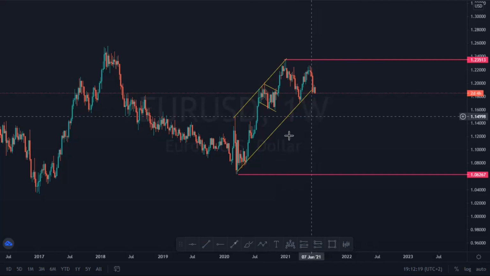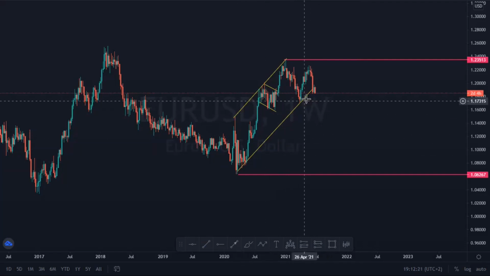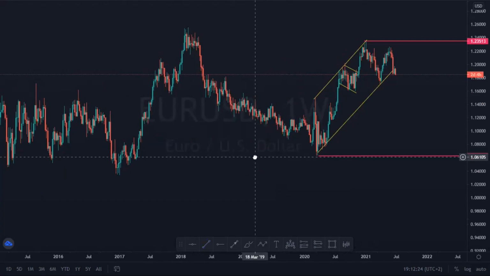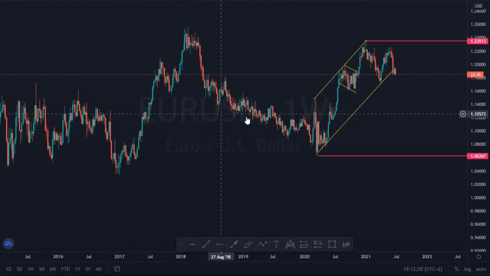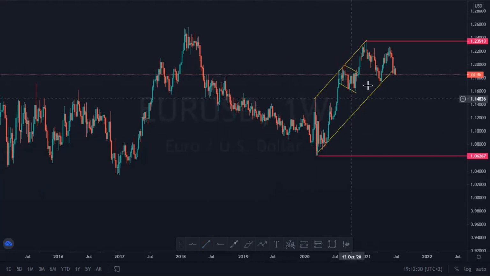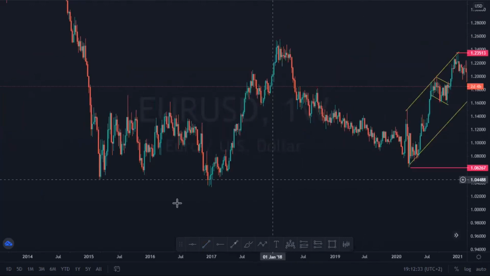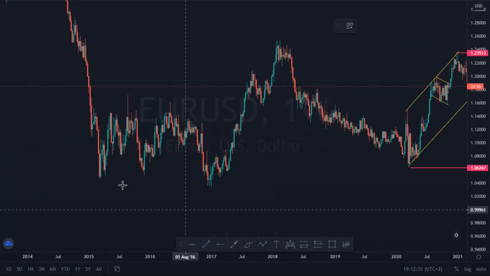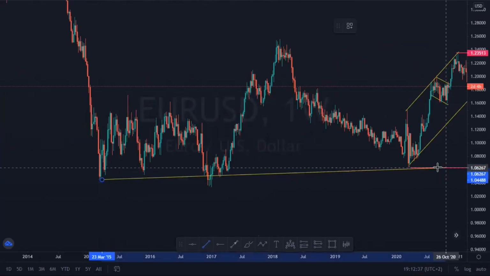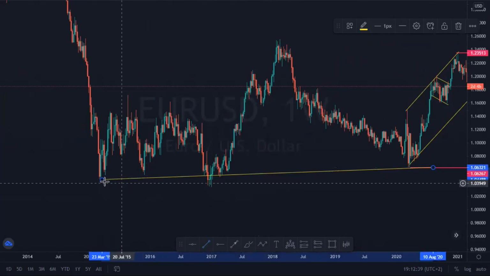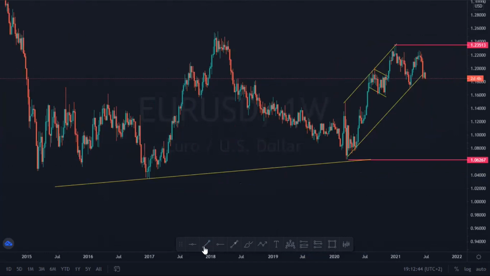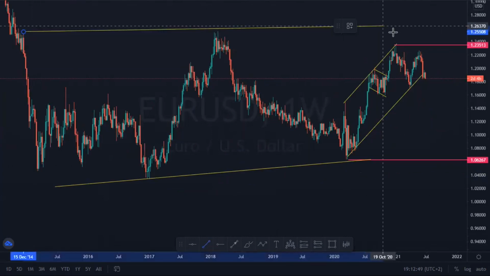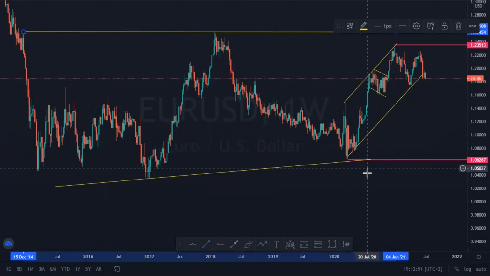This impulse is an impulse and it's correcting here, and it's still correcting going up. But the whole of this here is still a correction.